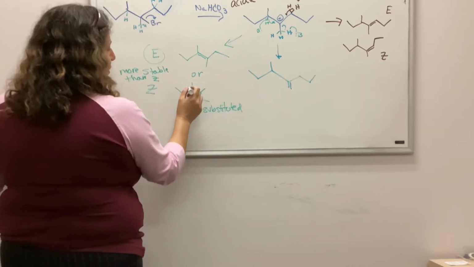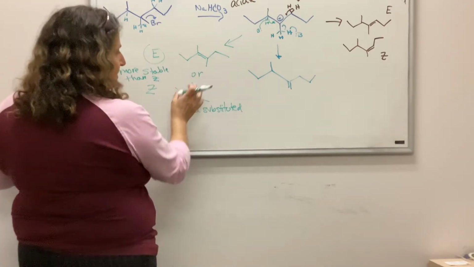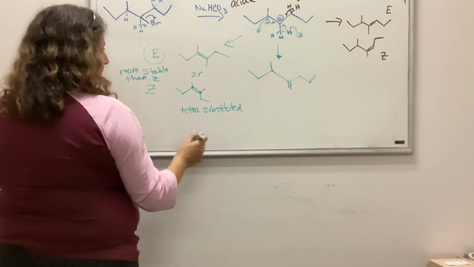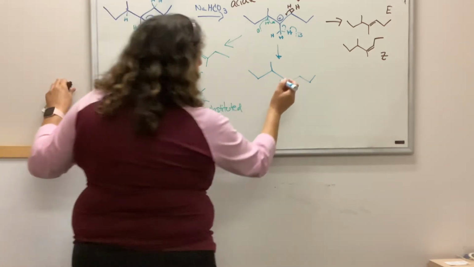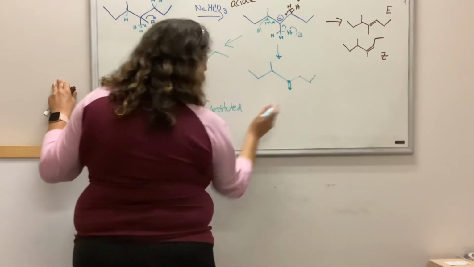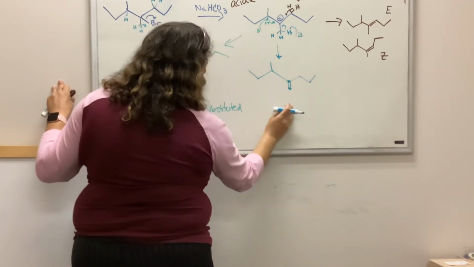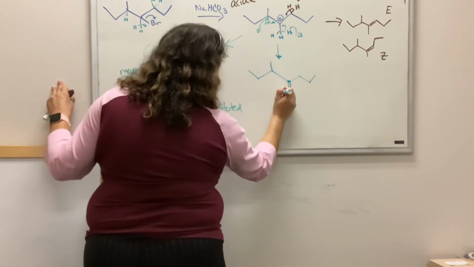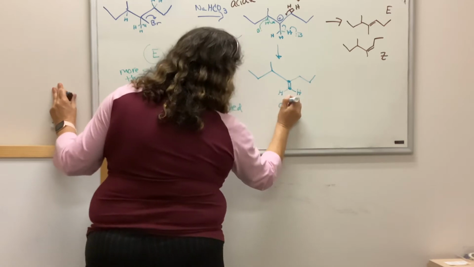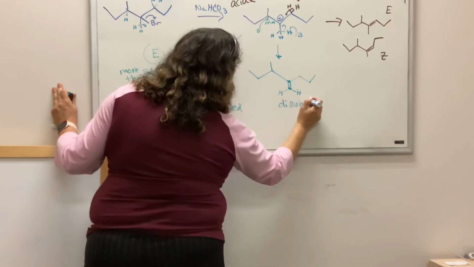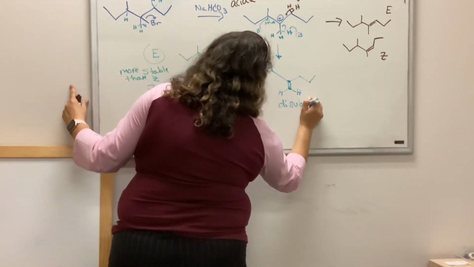Because each carbon has 2 carbons, organic pieces, attached. This one, if I look at these 2 carbons, I have 1, 2, and then I only have hydrogens here. So this one is disubstituted because each of those hydrogens takes away one of those substitution pieces.